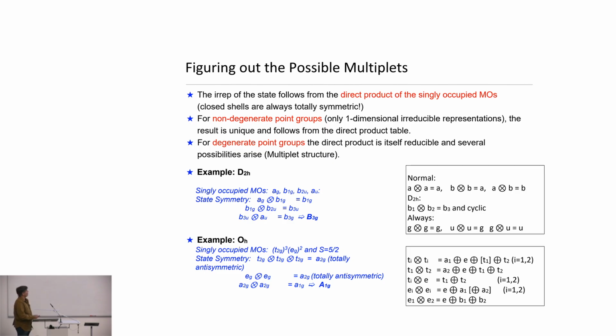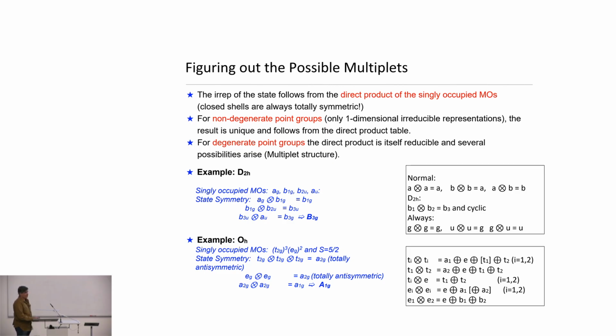Yeah? And so there are simple rules here: A times A is A, B times B is A, A times B is B. In D2h, B1 times B2 is B3, and cyclic permutations of that, and you always have gerade times gerade gives gerade, ungerade times ungerade gives gerade, and gerade times ungerade gives ungerade, etc.